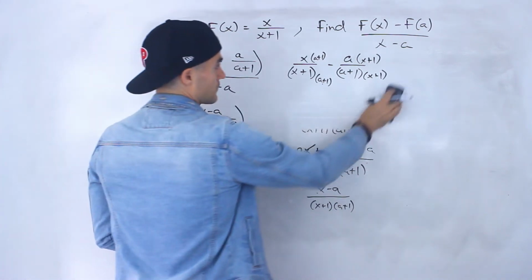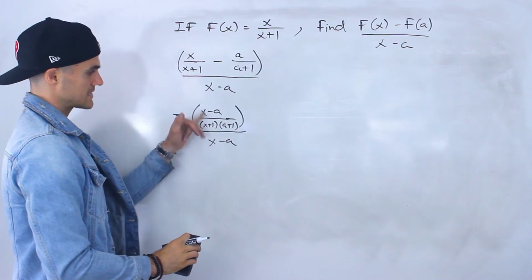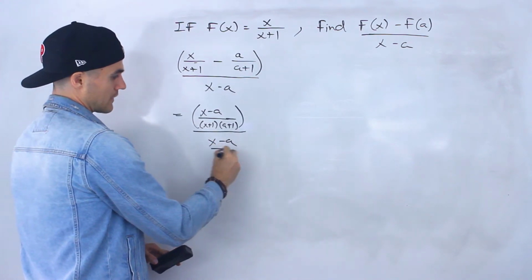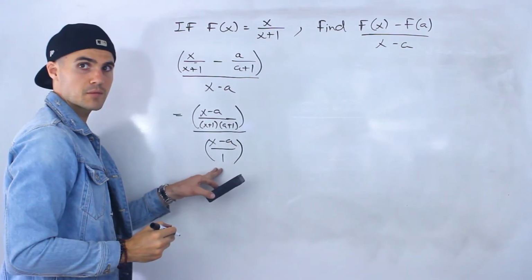Now notice that from here we could simplify because we have this x minus a and x minus a. When we're dividing by this x minus a, it's like we're dividing by x minus a over 1, so it's like we're dividing by another fraction.